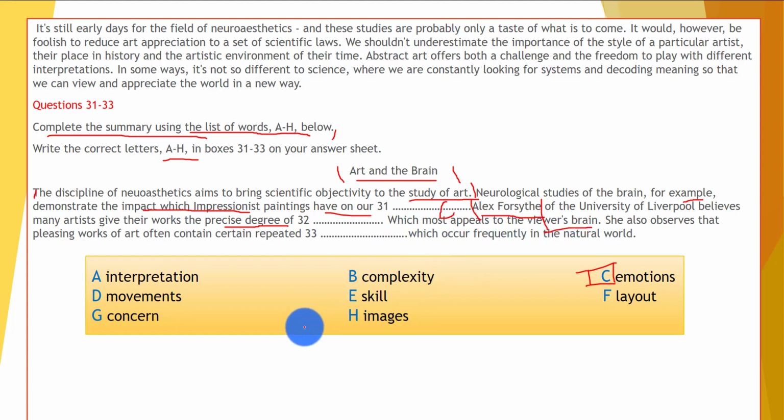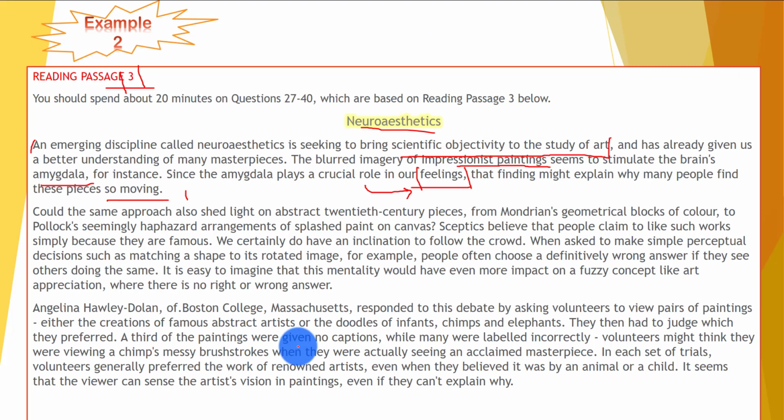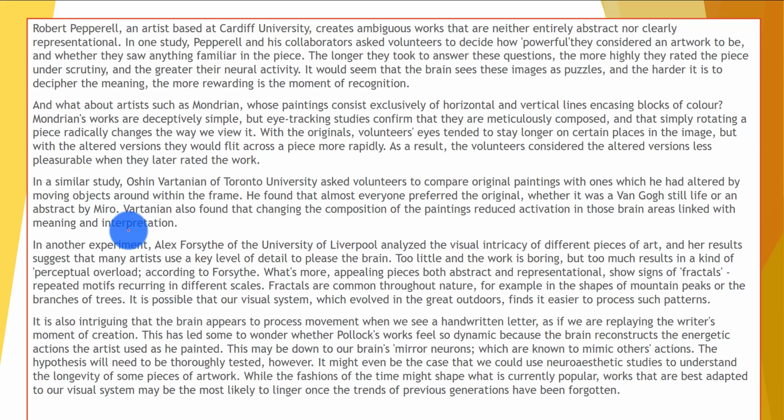Okay, now let's go back to our passage. As far as I remember from our previous sessions, we found Alex in this paragraph. In another experiment, Alex Forsyth of the University of Liverpool analyzed the visual intricacy. Okay, visual intricacy.